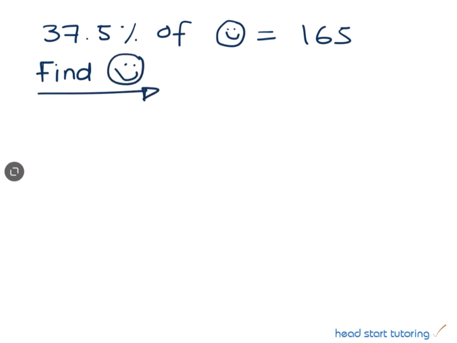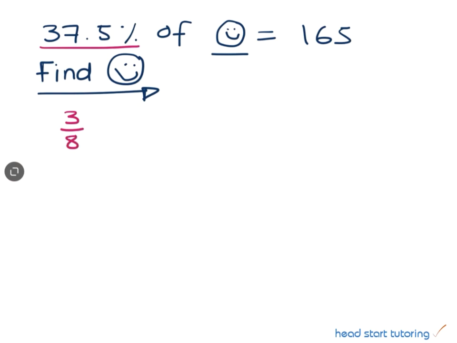If we are asked to find the value of the smiley face, or it could be a Y or an X or just a blank, if 37.5% of that smiley face is equal to 165, what we need to do is firstly convert our percentage into a simplified fraction, which is equal to 3/8.